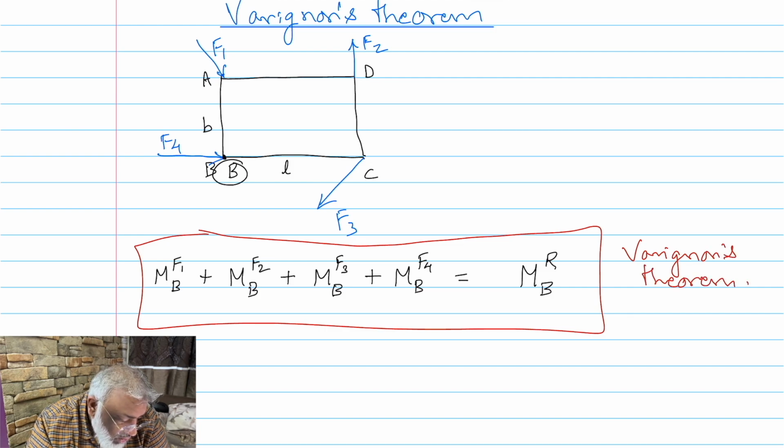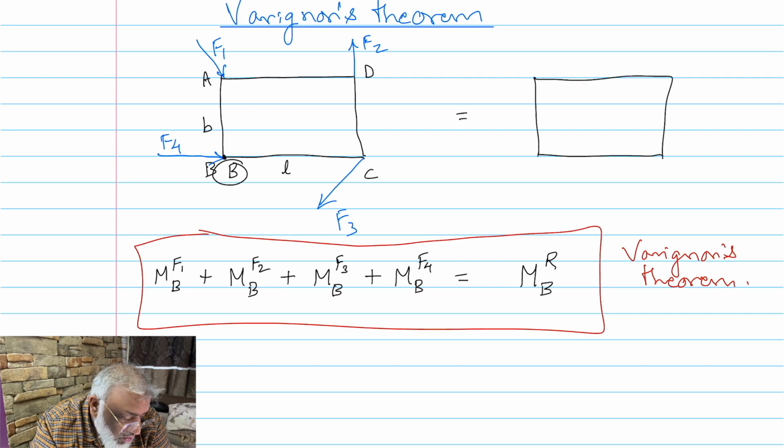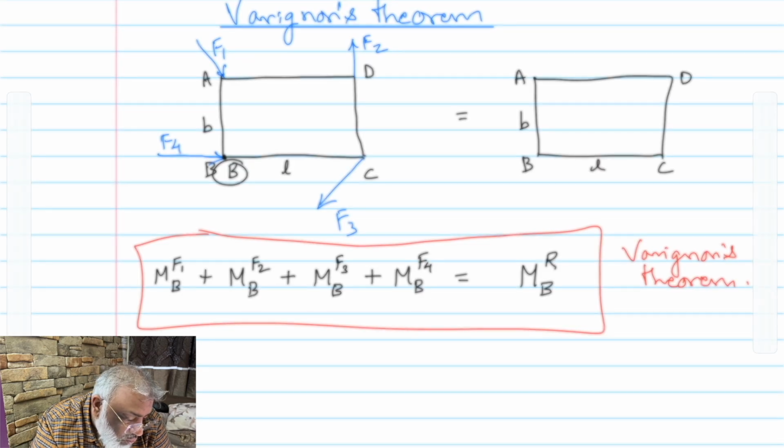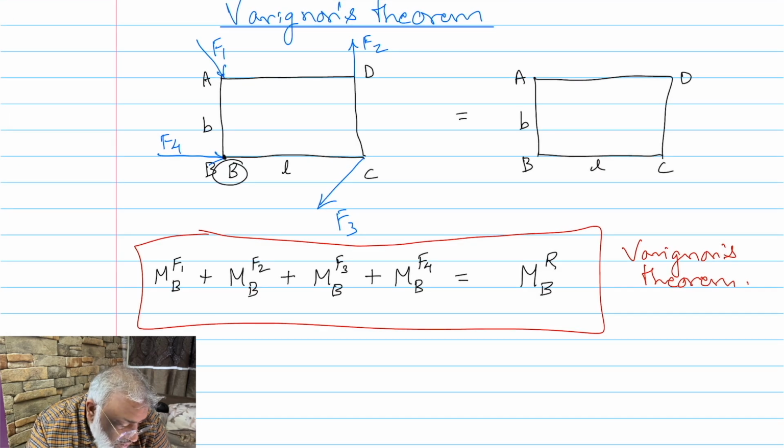Okay. So instead of finding out the moment of each of the forces individually, what you can do is first find out the resultant of the system of forces. Say you have A, B, C, D, same body with L and B. You find out the resultant of all these four forces.